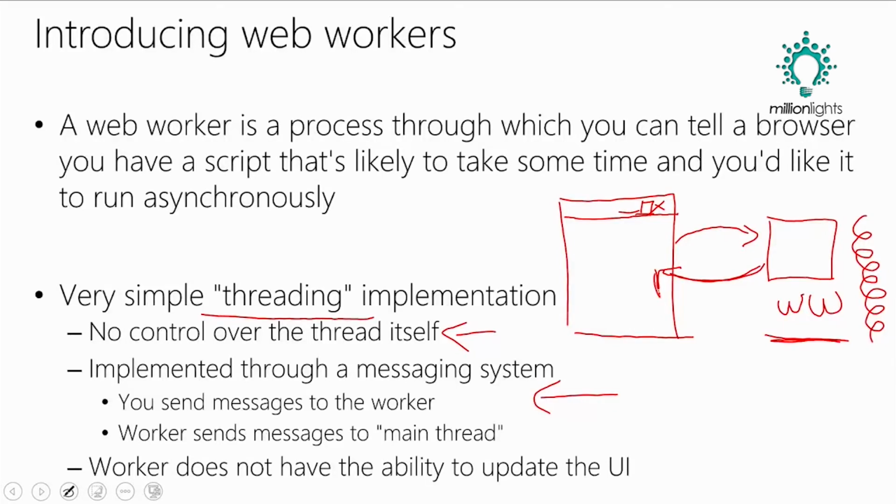So the web worker itself is not going to be able to update the UI. In order to update the UI, it'll simply have to send a message back to the browser and expect the browser to go ahead and update the UI. So it does not have the ability to update the UI directly. The web worker also has some limited access to the resources either on the system or in the browser.